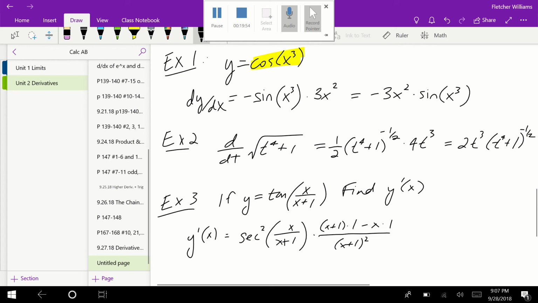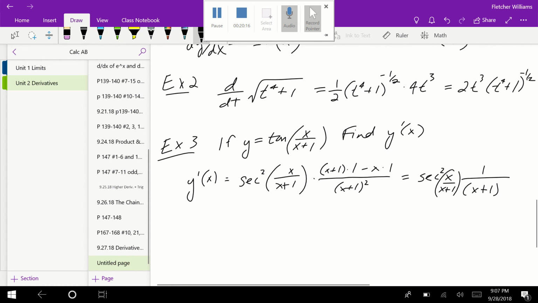The top, you can see, is x plus 1 minus x, so you'll just get 1 over x plus 1 squared. Sorry, I only wrote x is secant of x over x plus 1. So your final answer would be secant squared of x over x plus 1, over x plus 1 squared.